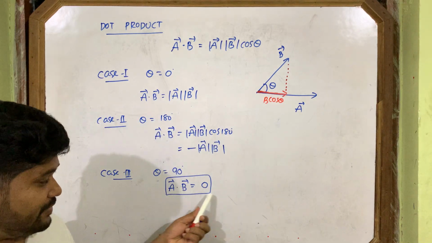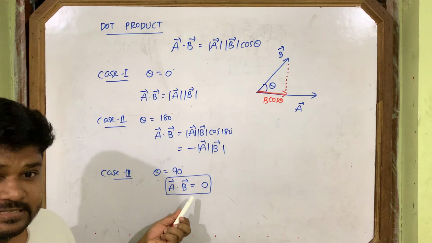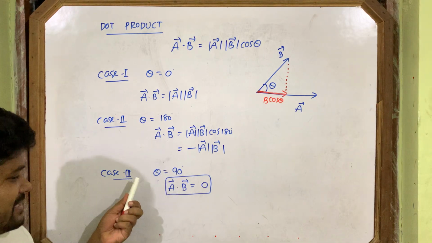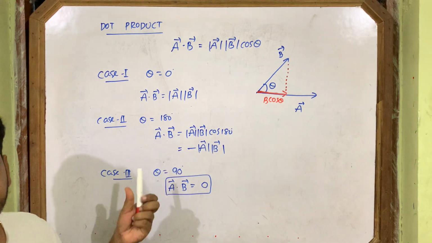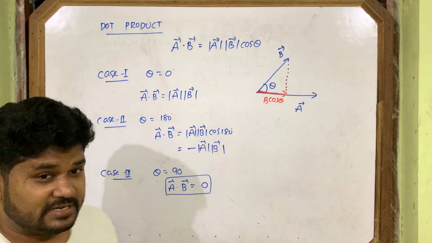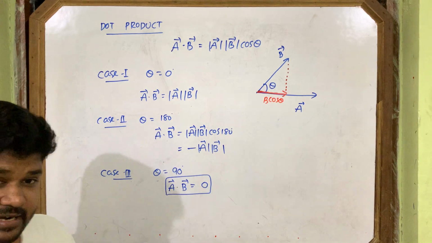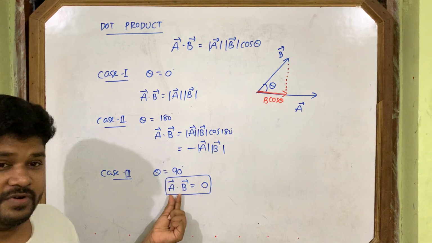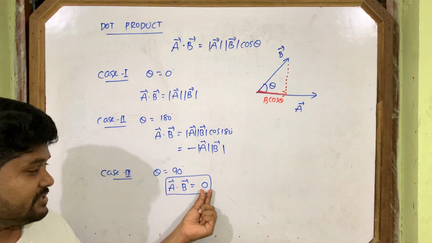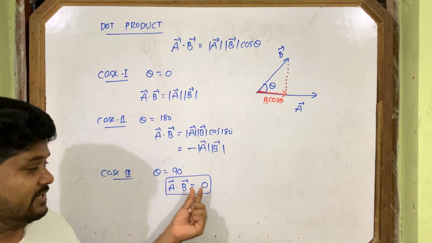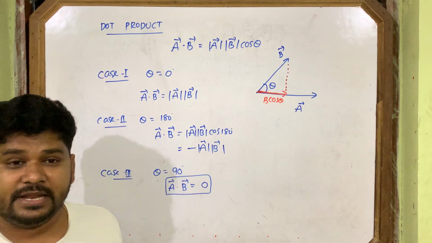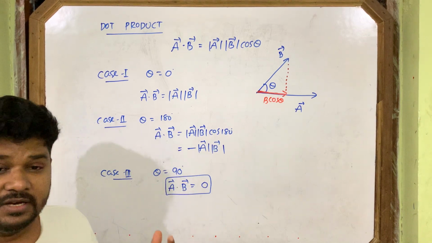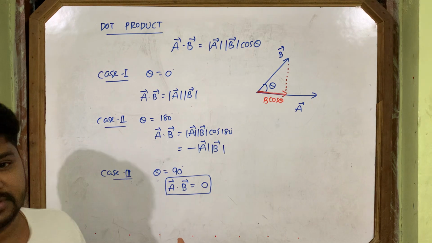This one will help you to test whether two vectors are perpendicular or not. If I give you two vectors, A vector and B vector, you find their dot product. If the dot product is coming as 0, then the two vectors are perpendicular, orthogonal, normal to each other.